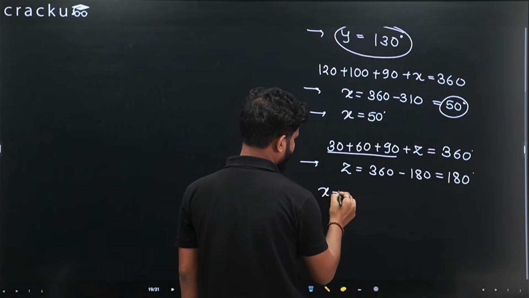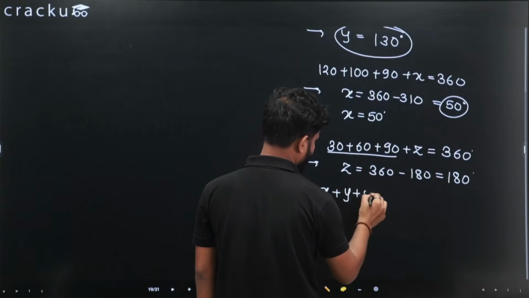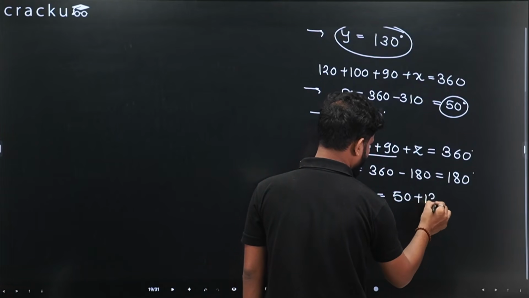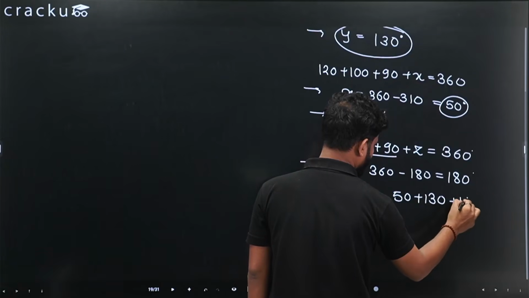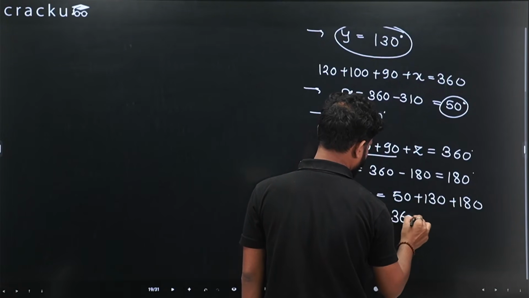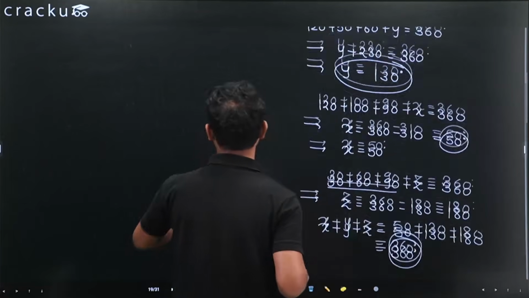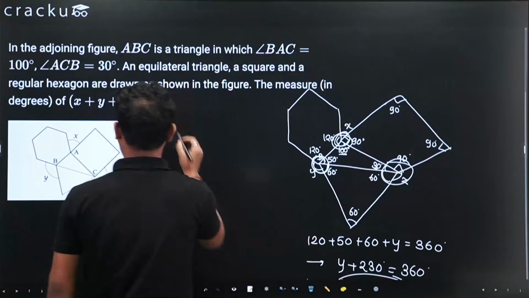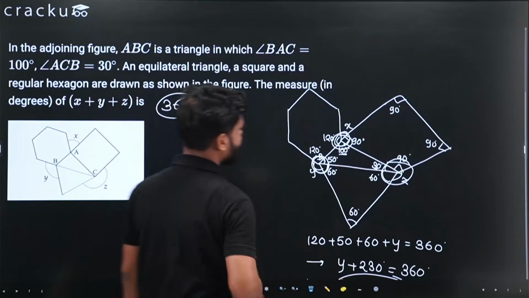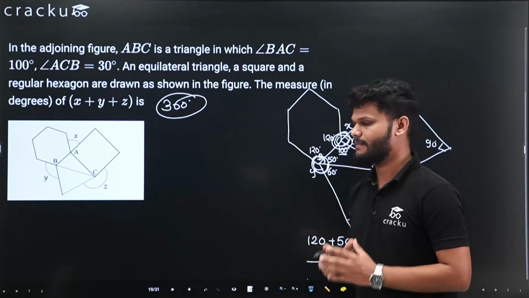We need to find x plus y plus z. This is 50, y is 130, z is 180. This will give you nothing but 360 degree. So the answer to this question will be 360 degree. So this is how you can solve the question.